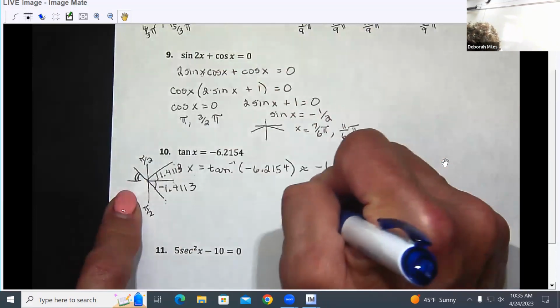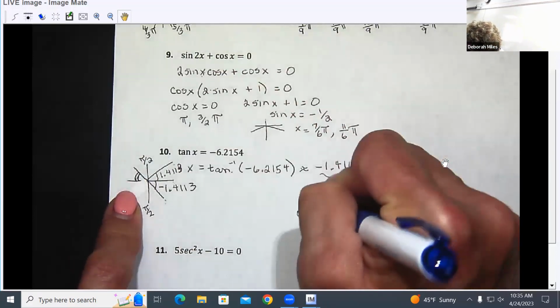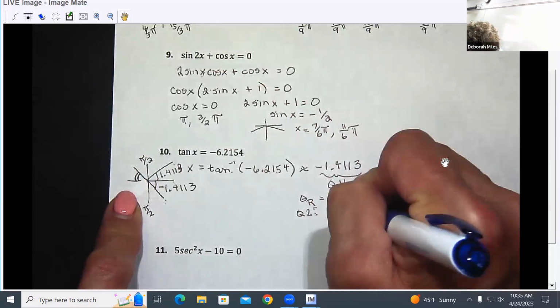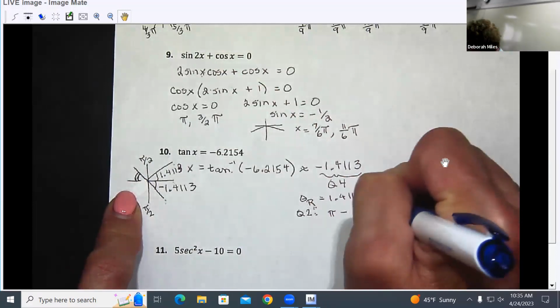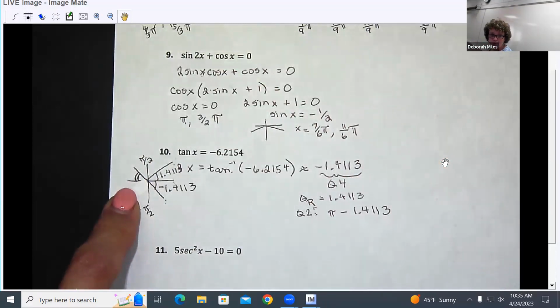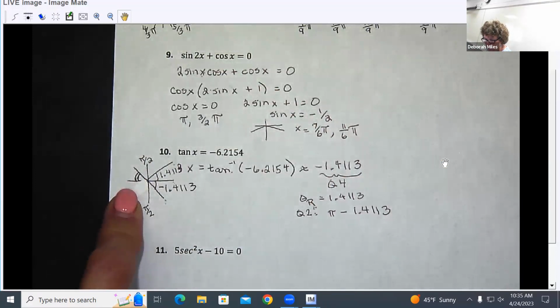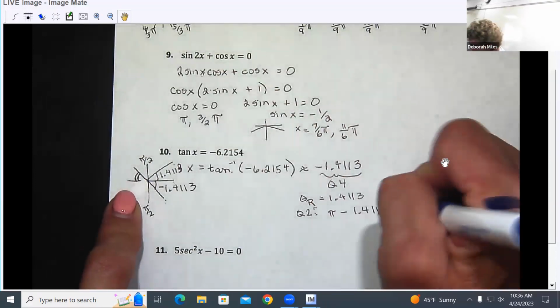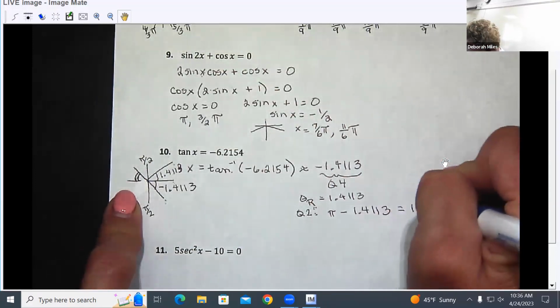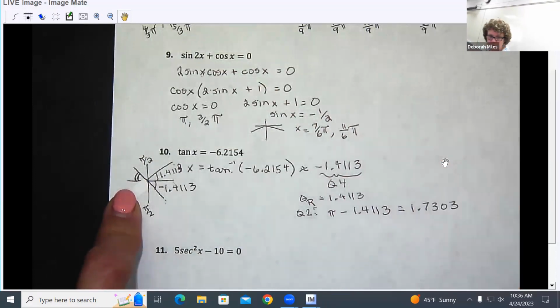So I can find that angle by just subtracting the 1.4113 from pi. And for that, I got about 1.7303.